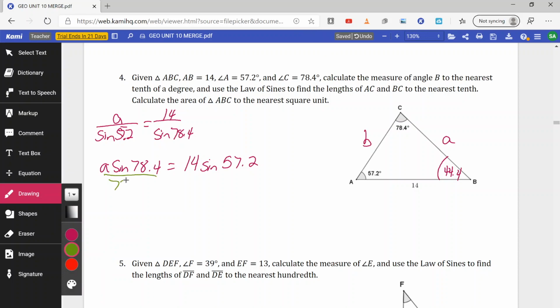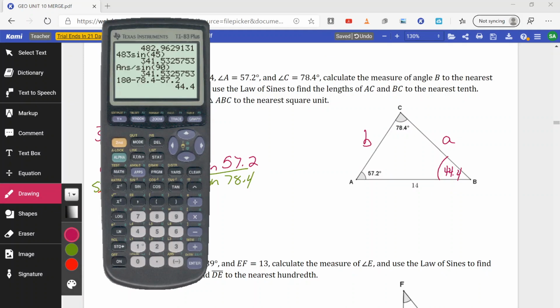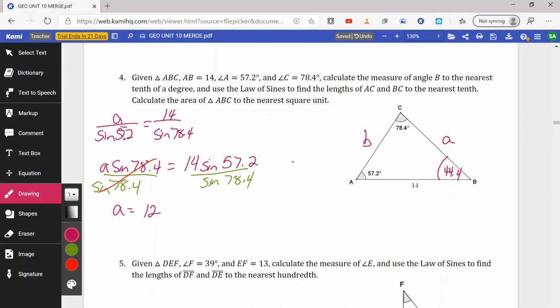We'll divide by the sine of 78.4, so it leaves us with A equals 14 sine 57.2 divided by the sine of 78.4, which gives us 12. So side A is equal to 12, which makes sense because it's a smaller angle, so the side should be a little bit smaller than side C.